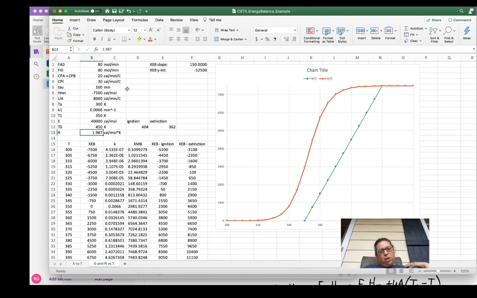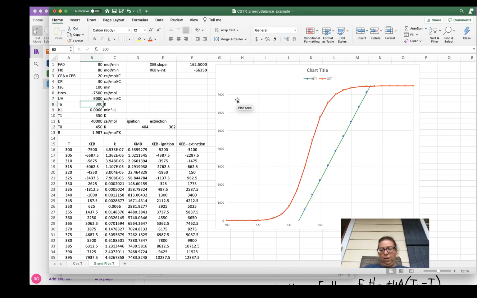If I want to change my slope, there's a number of values that play into that. The one that has the greatest contribution is the UA term. So if you look at the slope right now, the R of T term has a slope of 150. If I want to change that, I can change this value. So I change UA from 8,000 to 9,000.